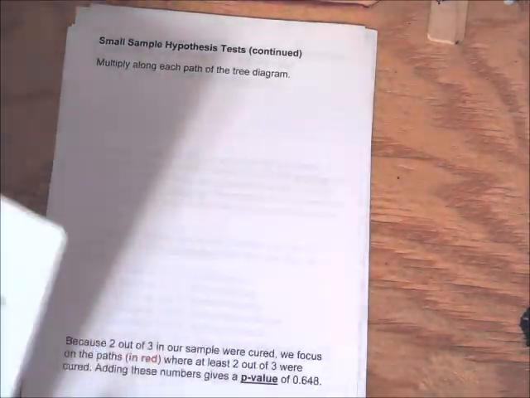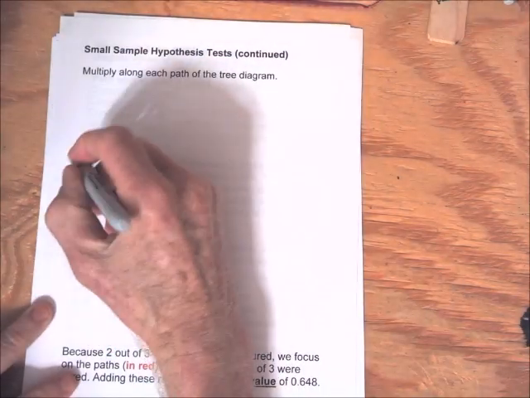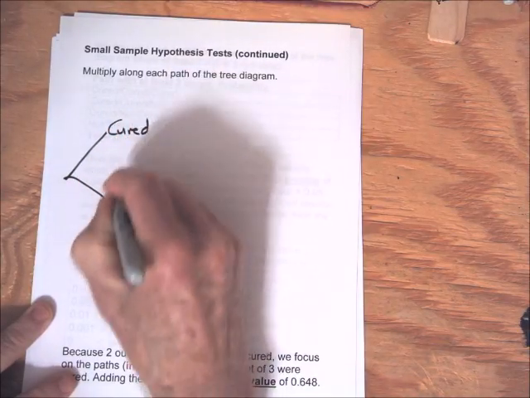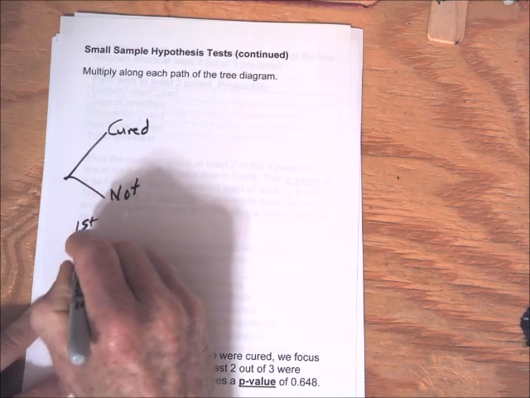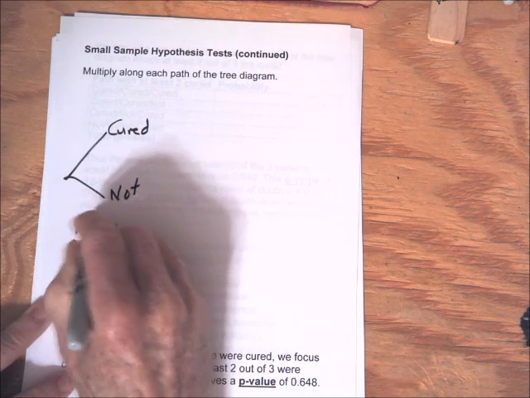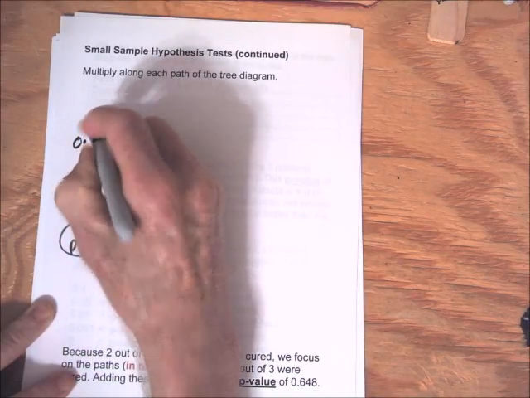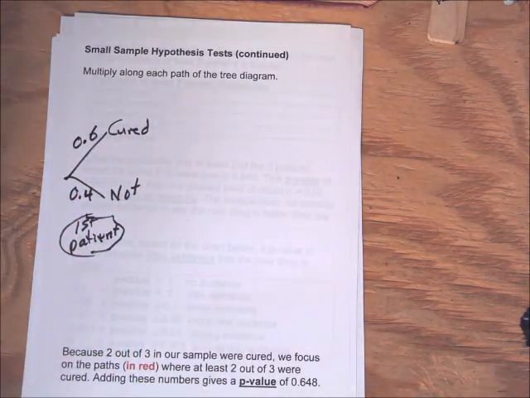Okay, so let's set up the tree diagram. The first patient is either cured or not. If H naught is true, they have a 0.6 chance of being cured. 1 minus 0.6 is 0.4, so they have a 0.4 chance of not being cured.